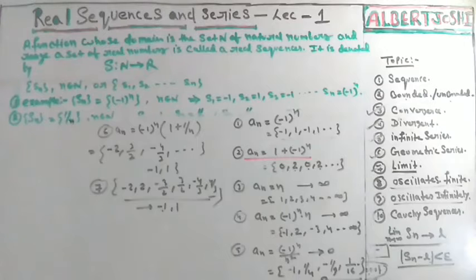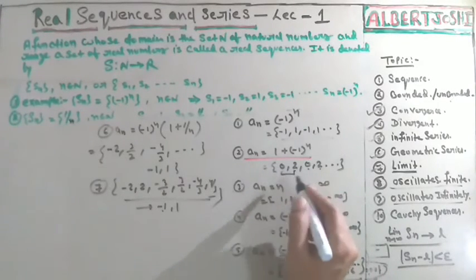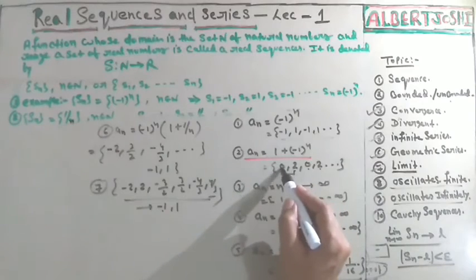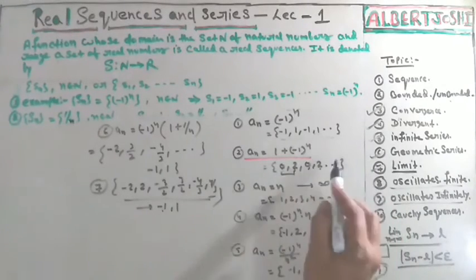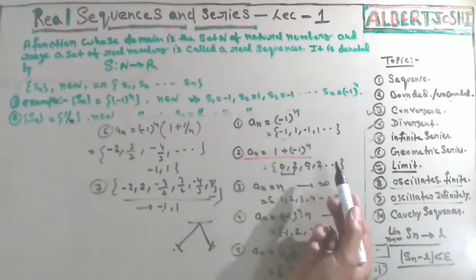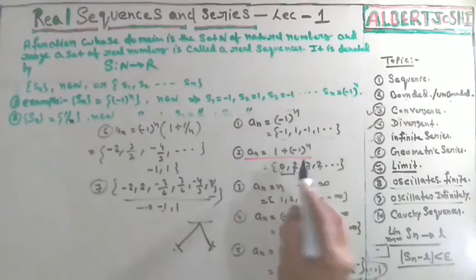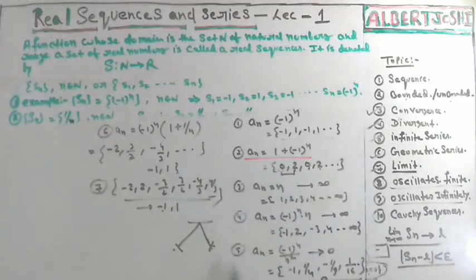So you can say that you have two values. You have seen the pendulum. One time it is coming here, then here, then here. You are getting different values. One time it is 0, 2, 0, 2, 0, 2. So that is oscillate. So that is oscillate finitely.